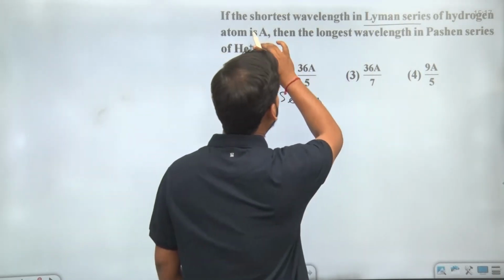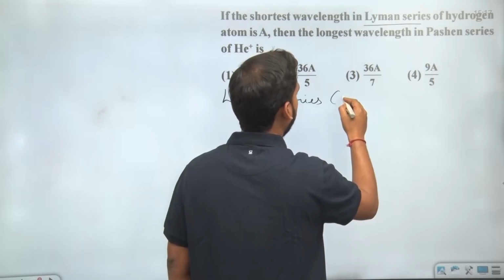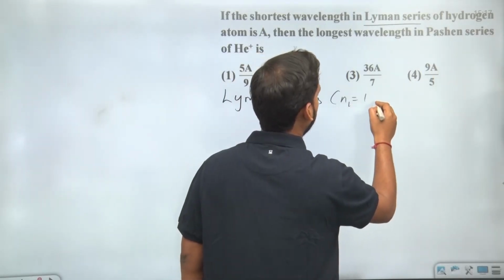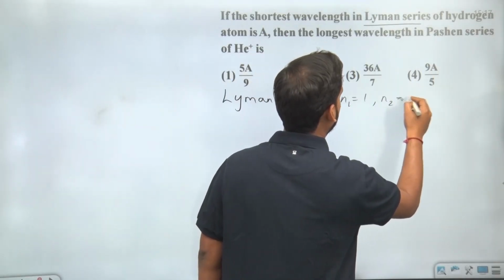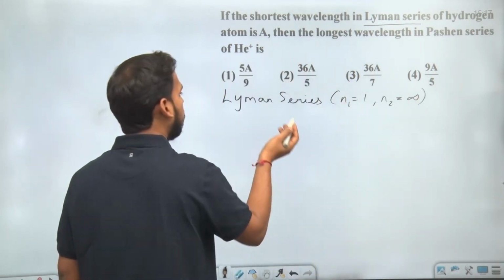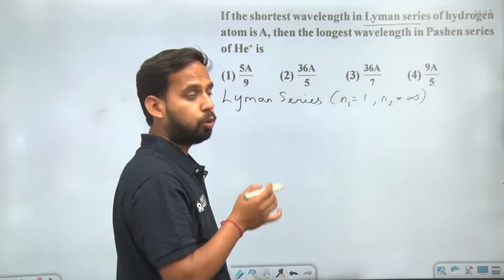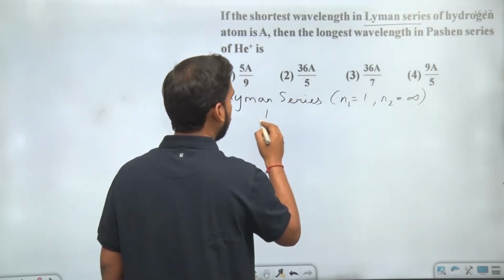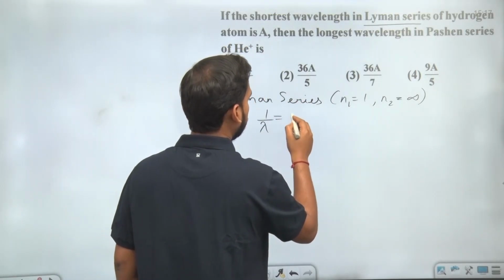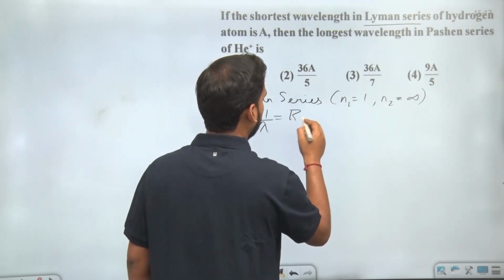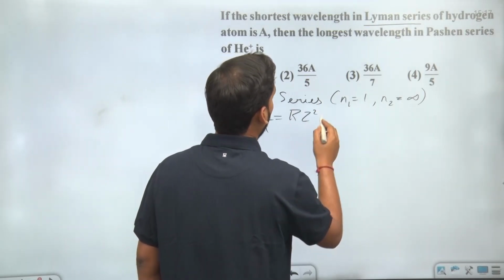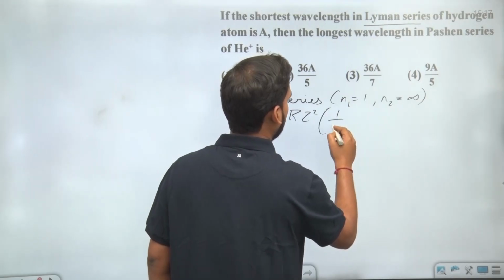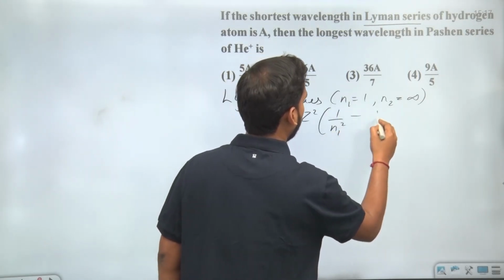In case of the shortest wavelength, n1 will be equal to 1 and n2 will be equal to infinity. And the formula, the similar formula we have used in the earlier question, that is 1 upon lambda is equal to R Z square into 1 upon n1 square minus 1 upon n2 square.